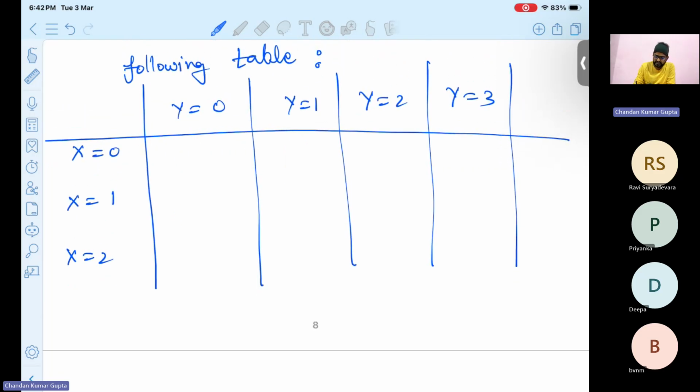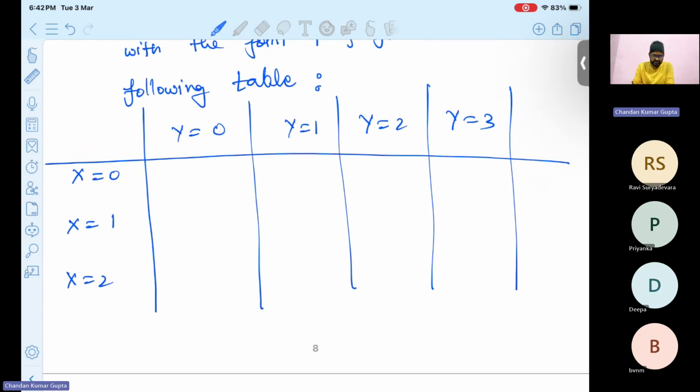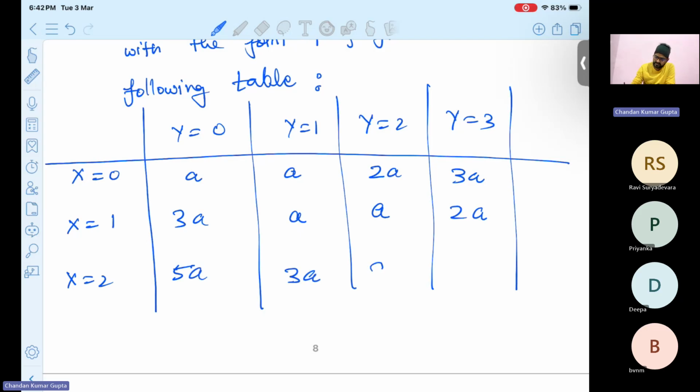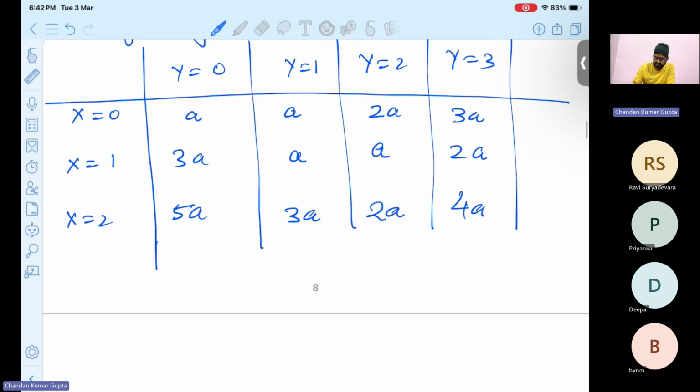So let me write it: A, A, 2A, 3A, then 3A, A and 2A, and then 5A, 3A, 2A, 4A. Okay. Now you can construct a variety of questions from the same data.